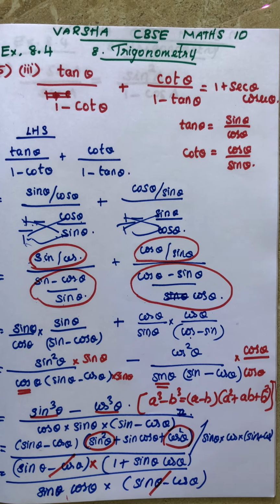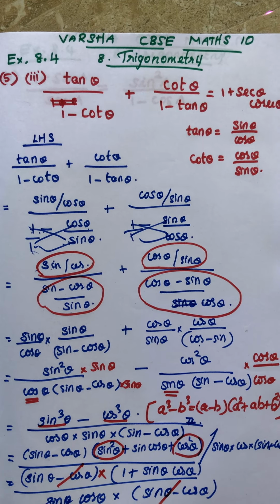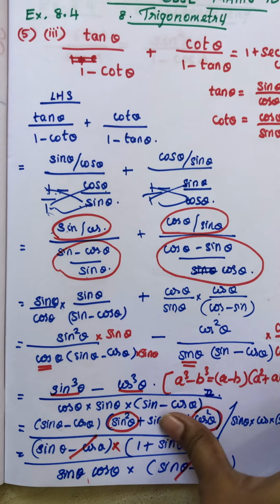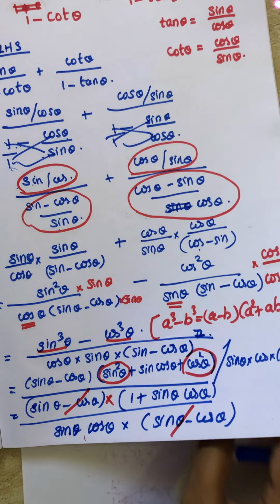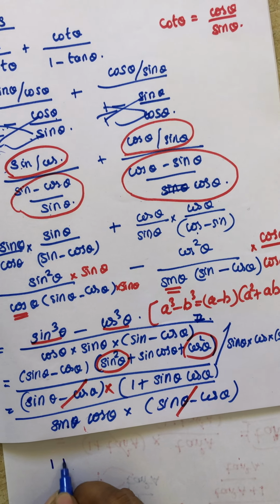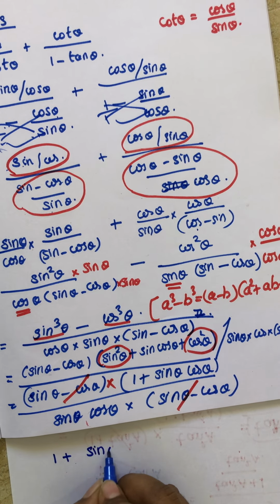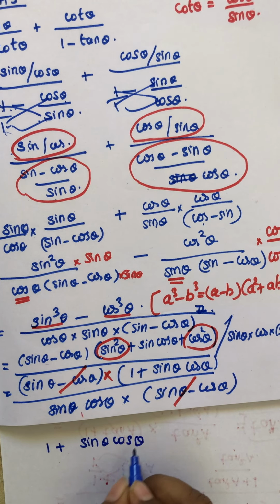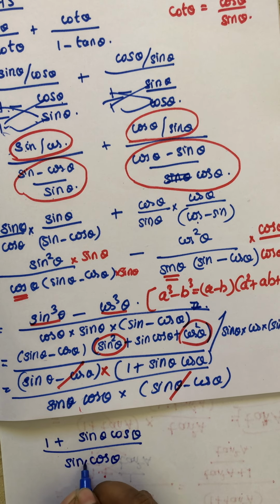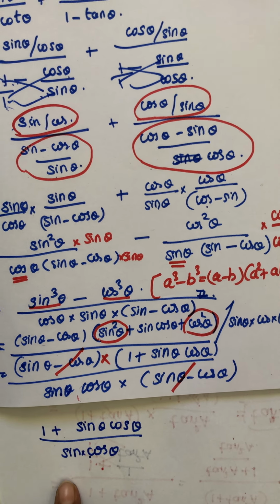See carefully, we are going to get the final answer. See what is left out: 1 plus sine cos by sine into cos. Okay, do you understand this step?